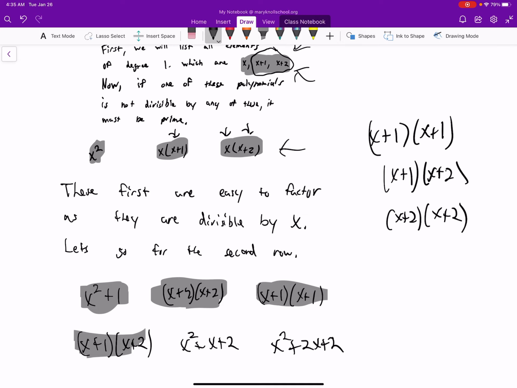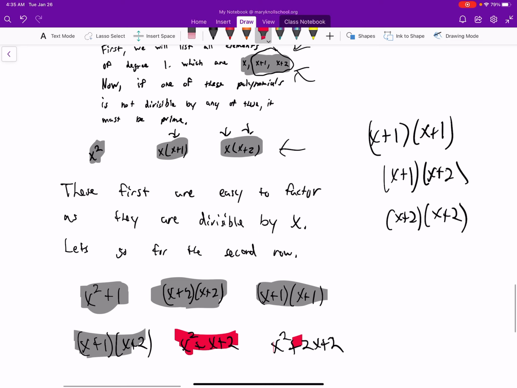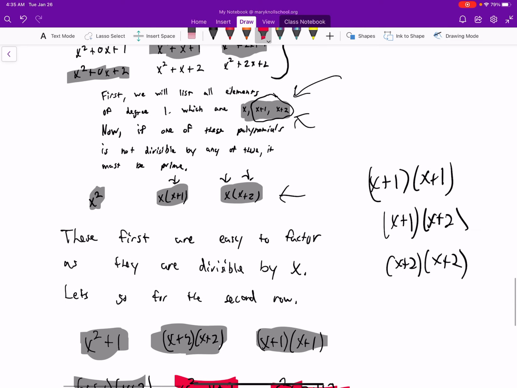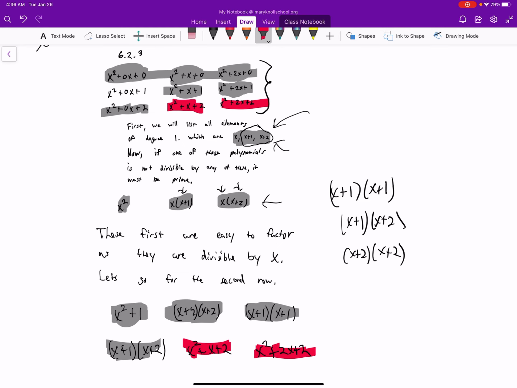So if we check these, these are going to be prime. And that's it. So there's kind of two different ways you can do it. You can divide it and do it that way. Or you can just think of all the possibilities, and then you know the rest are prime. Still, though, I think it's good to check the ones that are prime, just to make sure.